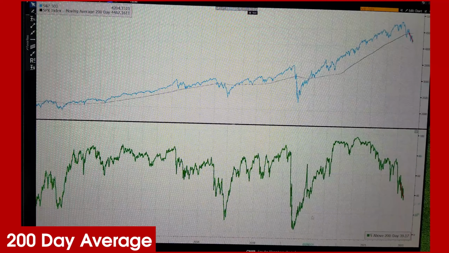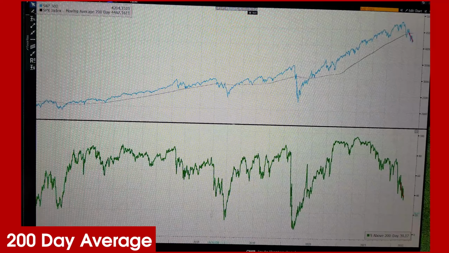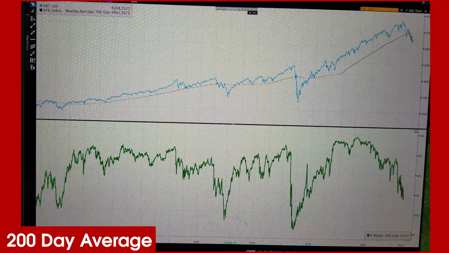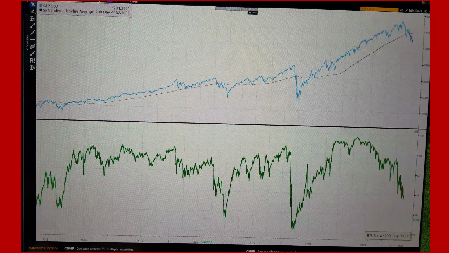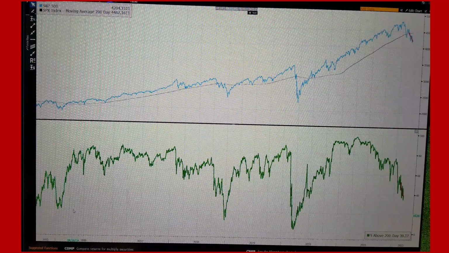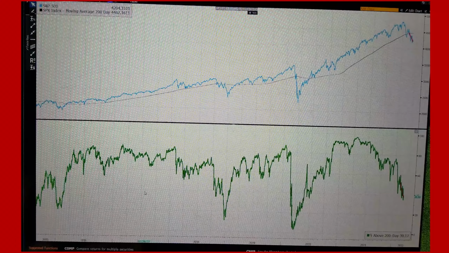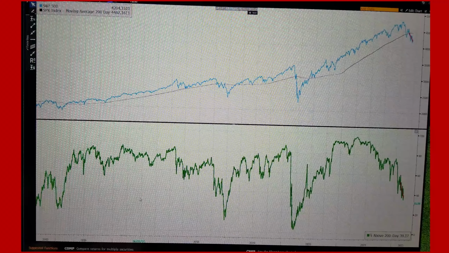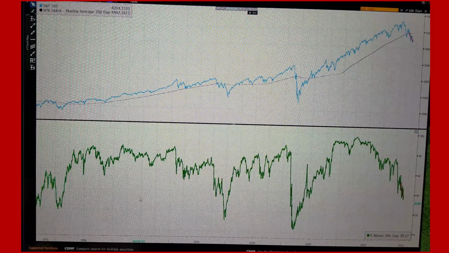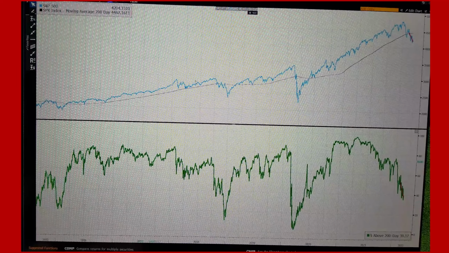In the big washouts, COVID, the sell-off at the end of 2018, the percentage of stocks back in 2015, the percentage of stocks below their 200 falls below 20%. Current reading is around 40. We're not quite there yet. So probably not a major market bottom.